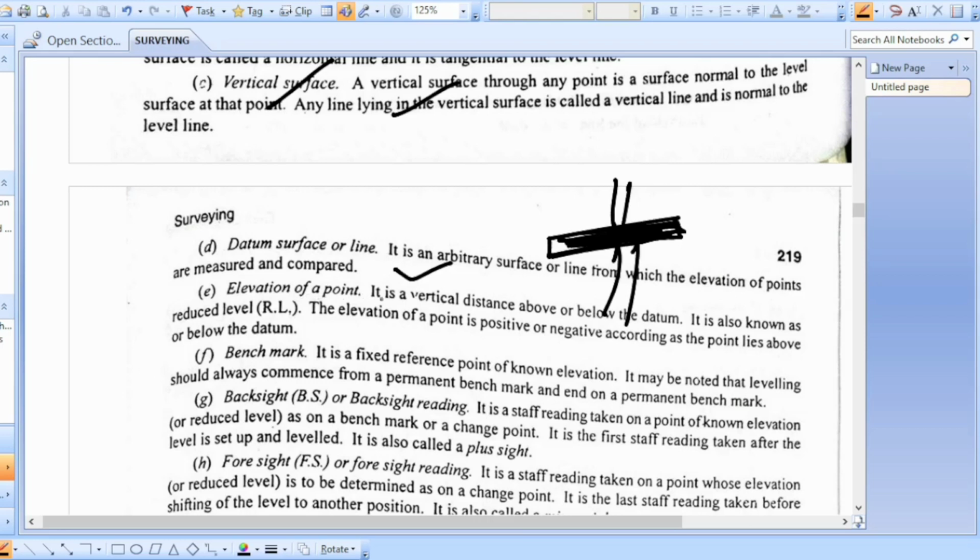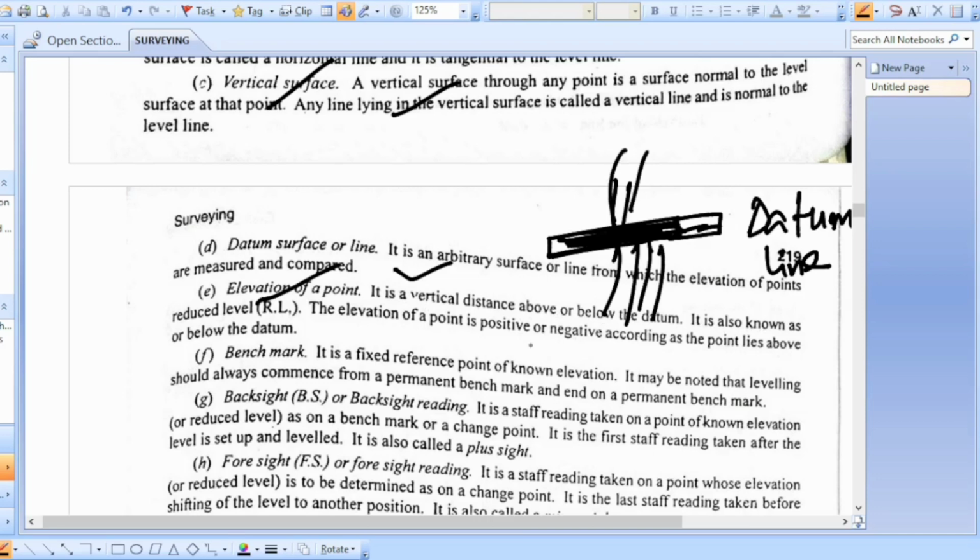Elevation of a point. It is a vertical distance above or below the datum. ये जो अभी बात किया ये datum line। It is a vertical distance above or below the datum.